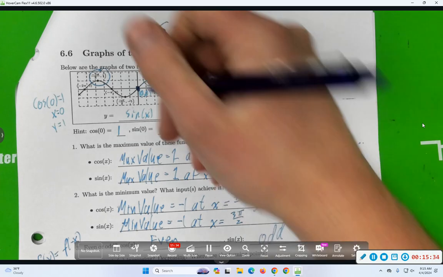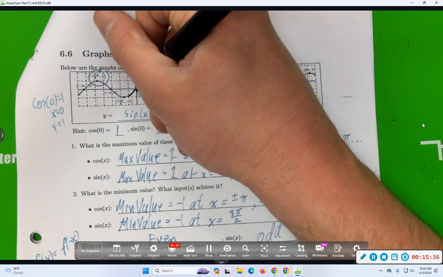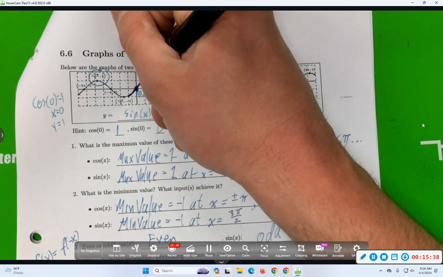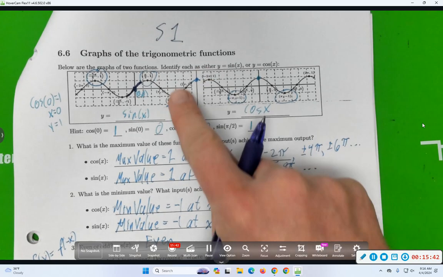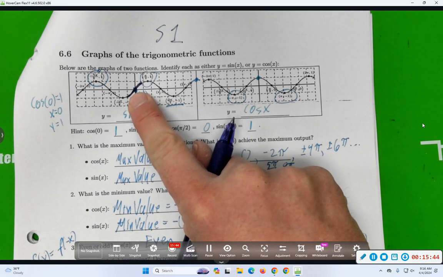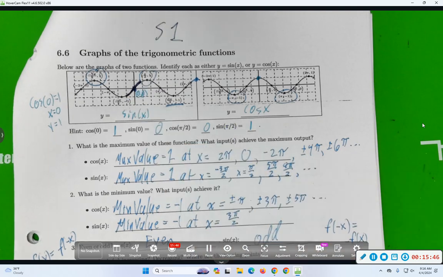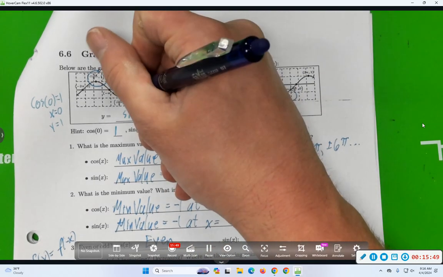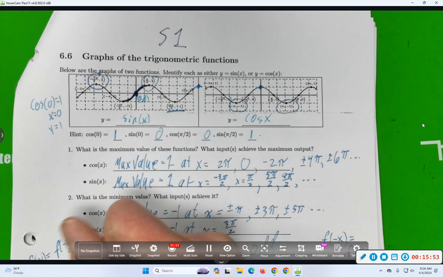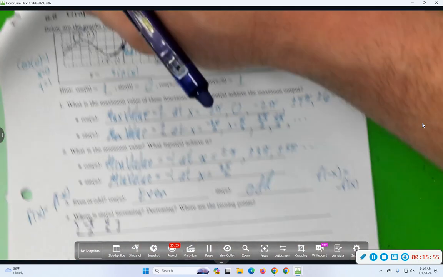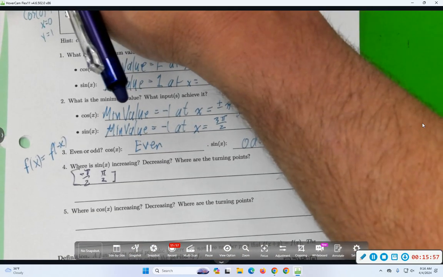So maybe the better way to ask is, how big could I make that purple interval and still have the thing be increasing? And negative pi over 2 is the endpoint. So negative pi over 2 to pi over 2, it is increasing.